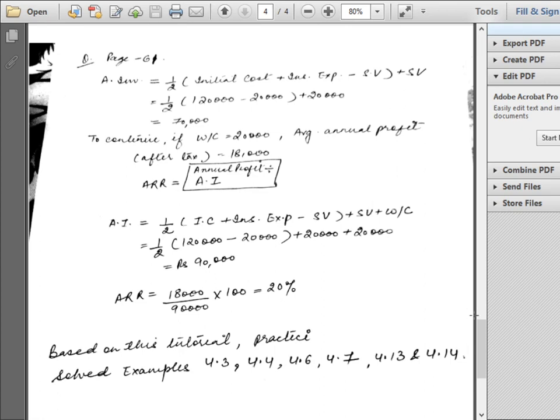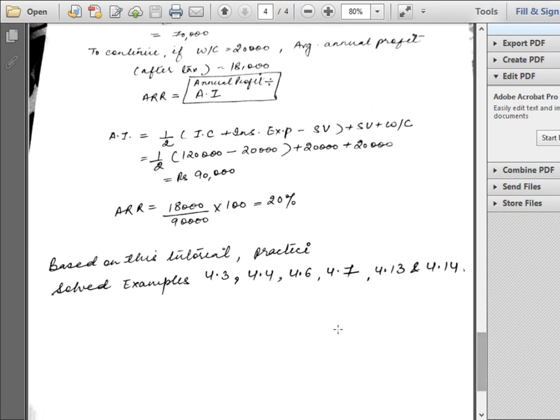After this session, for practice based on this tutorial, practice the solved examples given in your book, which are 4.3, 4.4, 4.6, 4.7, 4.13 and 4.14. After practicing these solved examples, all of you will be able to understand and solve all the numerical questions based upon the various types of capital budgeting techniques.